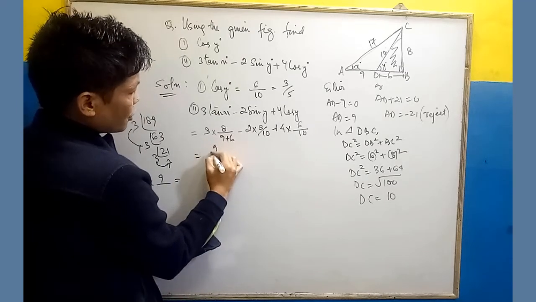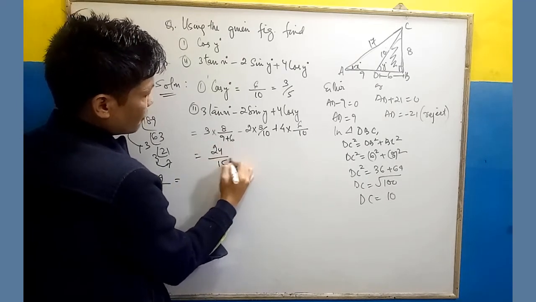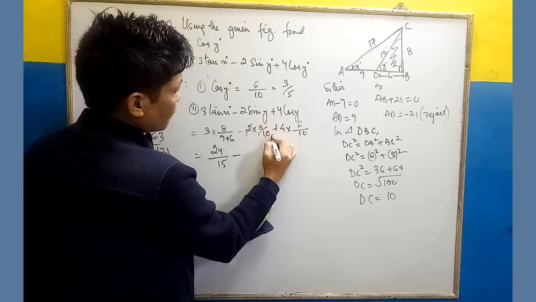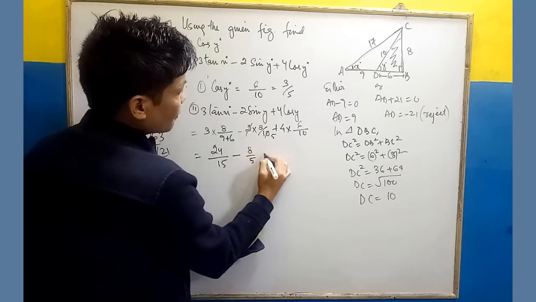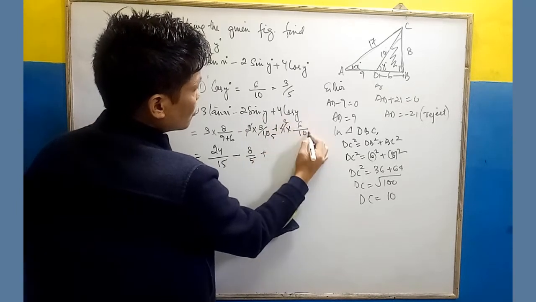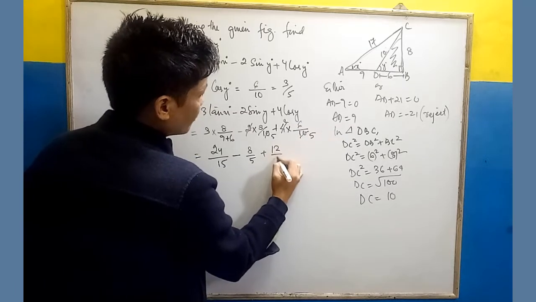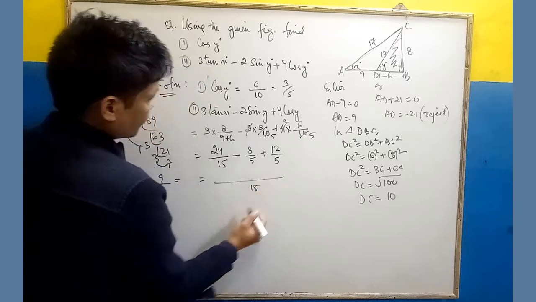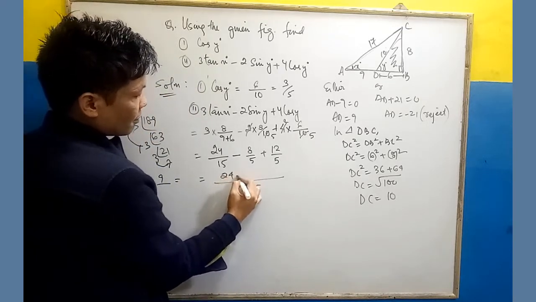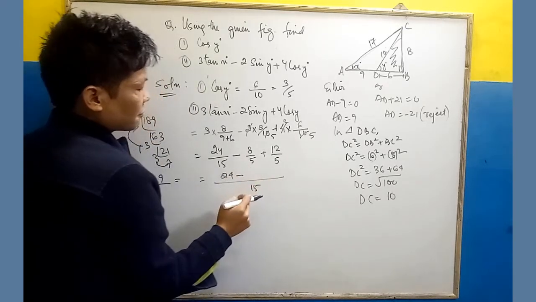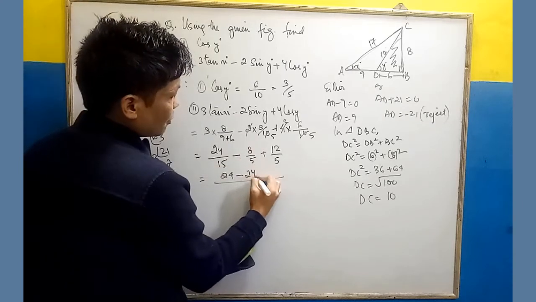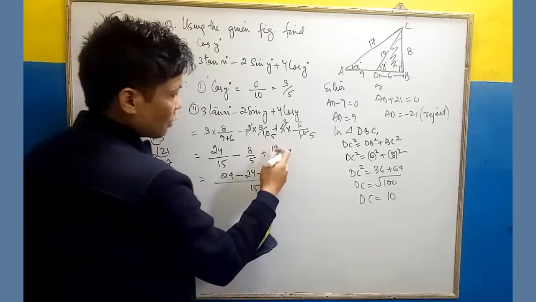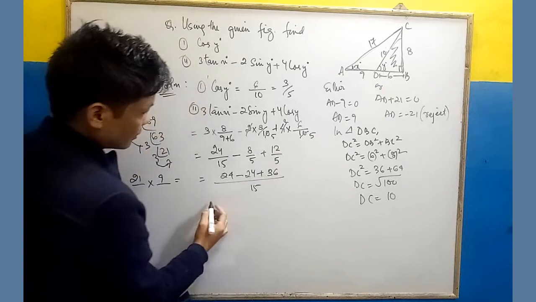So this is 24 by 15, or this is 8 by 5, plus 12 by 5. Now if I take LCM, I'll get 15. So this one will be 24 minus, so 5 times 3 is 15, so 3 times 8 will be 24, plus 5 times 3 is 15, 3 times 12 is 36.